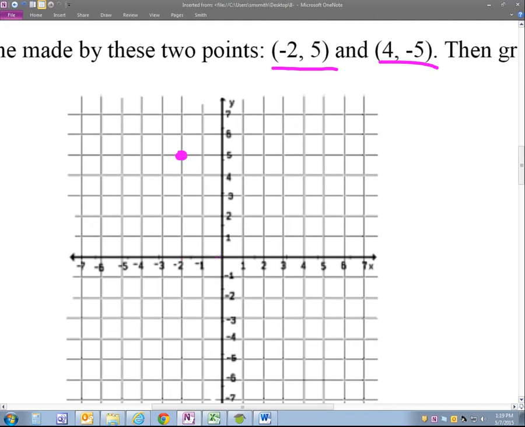So there's 1 point. Then I have 4, -5. This is what we've been doing the last 2 weeks, which is why I'm zipping through the coordinate plane, since you made these yourselves.